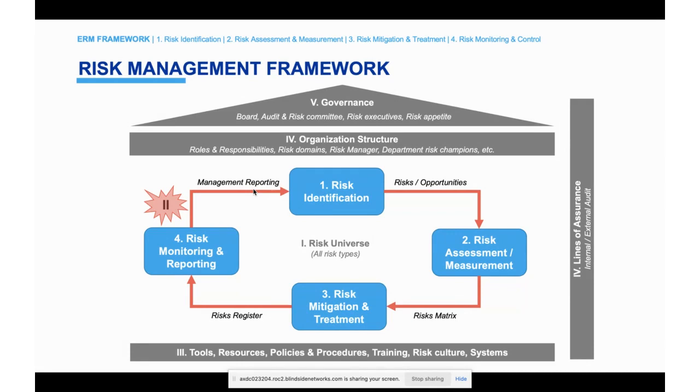Then you will need a governance framework to oversee the risk process in your firm. Finally, you will need three lines of defense, three lines of assurance, to oversee what is happening in the first line and second line.